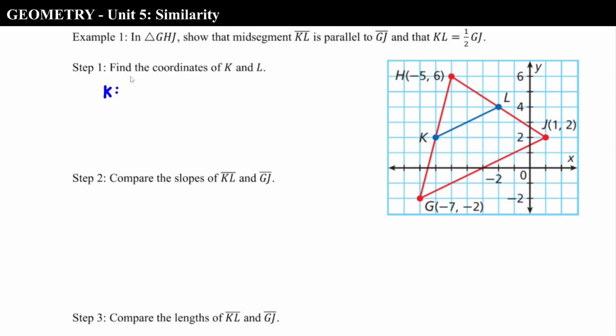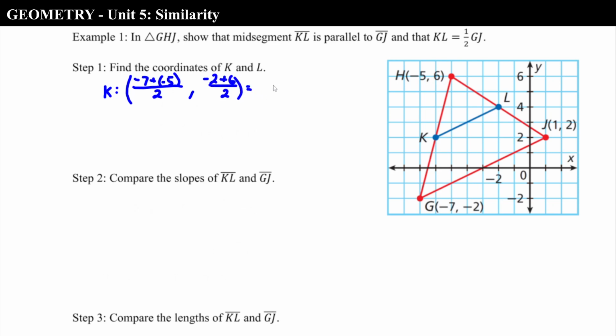So for K, we know that this is the midpoint of H and G. So we're going to use those points. We take our x's and find the average. So x1 plus x2 over 2, and then you have y1 plus y2 over 2.